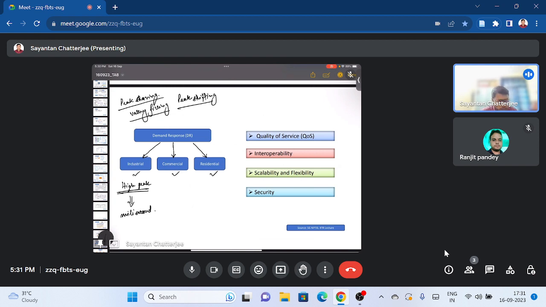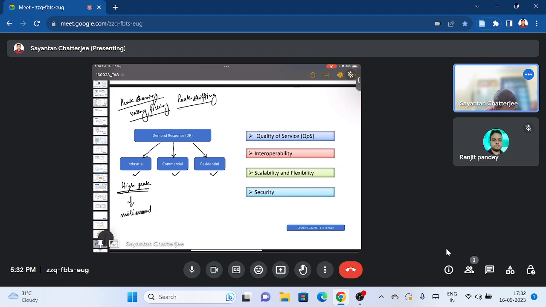Their loads are also highly fluctuating, because the industrial customers have loads of higher sizes, meaning the motors or the devices that they use are on a higher scale. So these are the high peak devices.